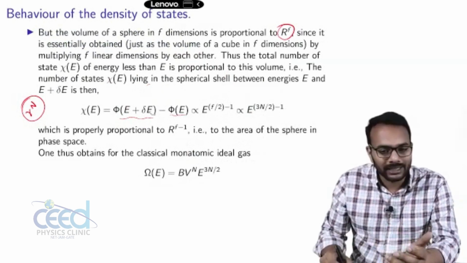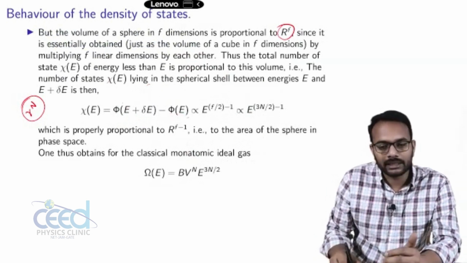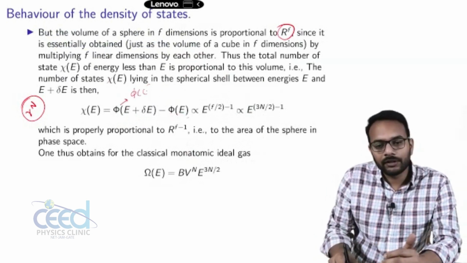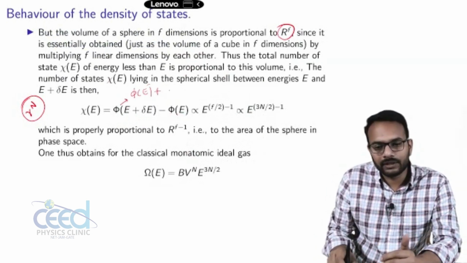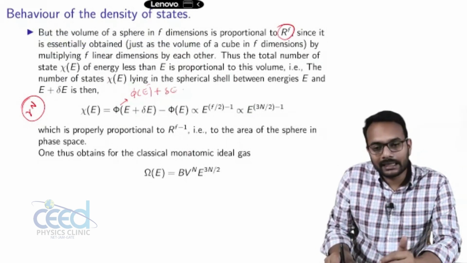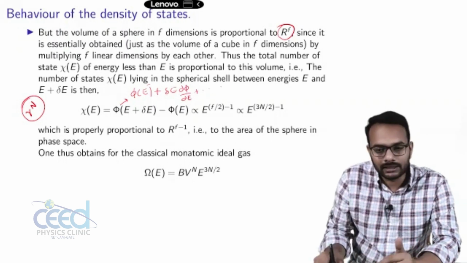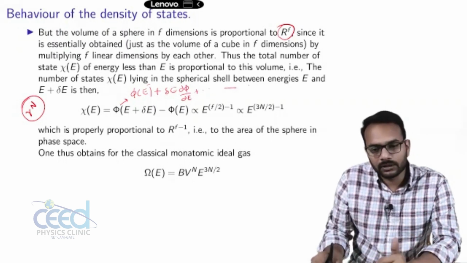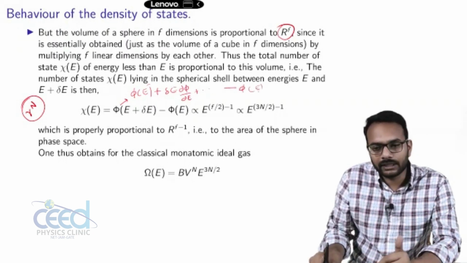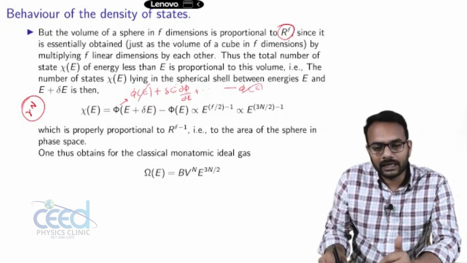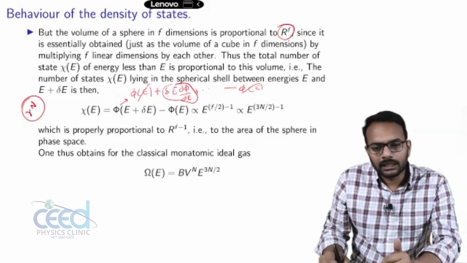So you can make a Taylor expansion here: phi of E plus delta E dou phi by dou E plus etc. Let's take terms up to first order, minus phi of E. So this cancels, and what we have is delta E dou phi by dou E.